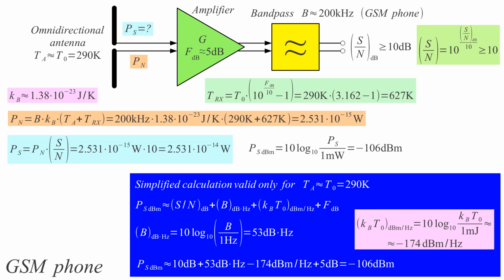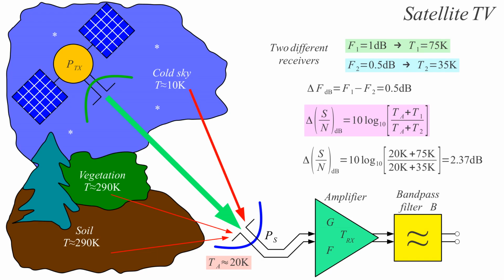We got everything correct because the antenna temperature was just the right value here. This is not very common. As I said before, the first problem was encountered with satellite communications.